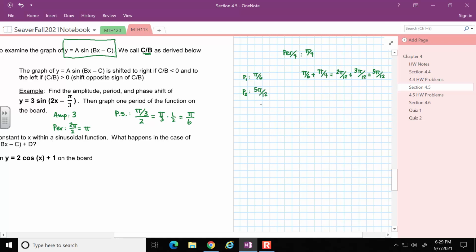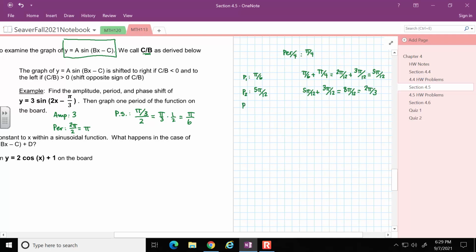To get my next point, I would add another pi over 4 to that, because that's my period divided by 4. So I would take 5 pi over 12 and add pi over 4, which we just determined was 3 pi over 12. And I would get 8 pi over 12. Well, that's the same, if you divide by 4, it goes into both of those, as 2 pi over 3.